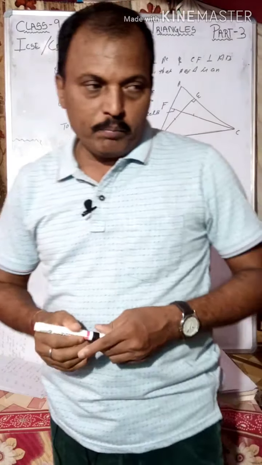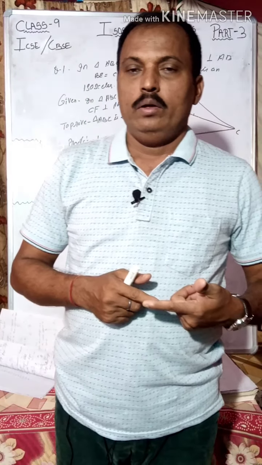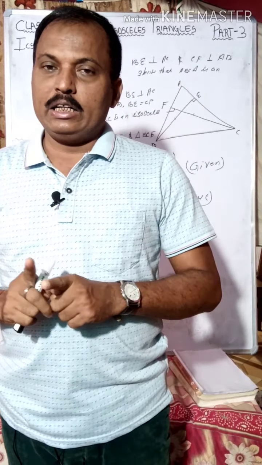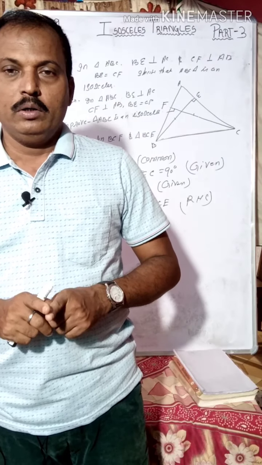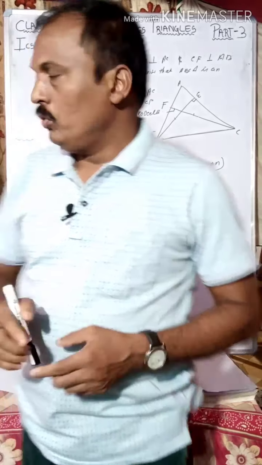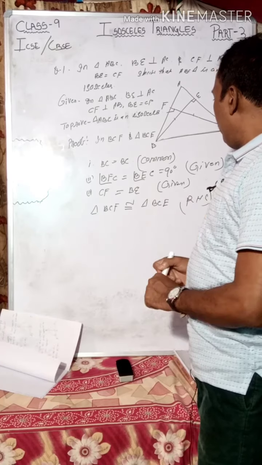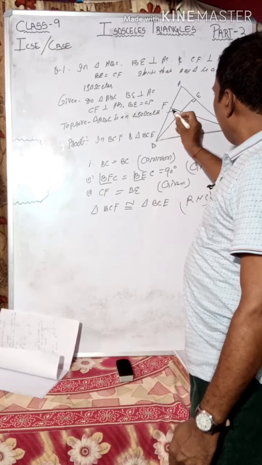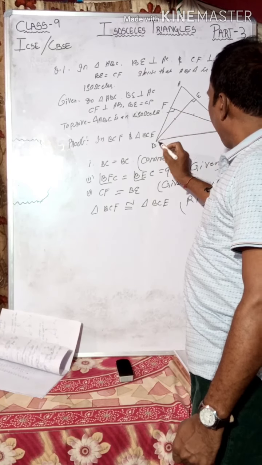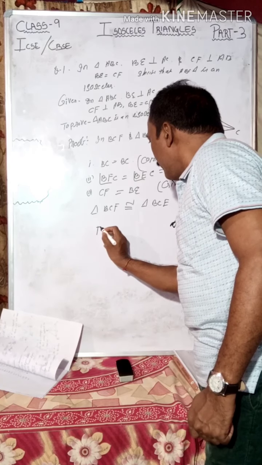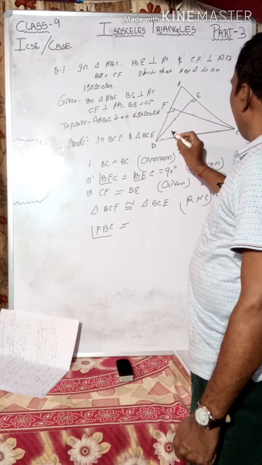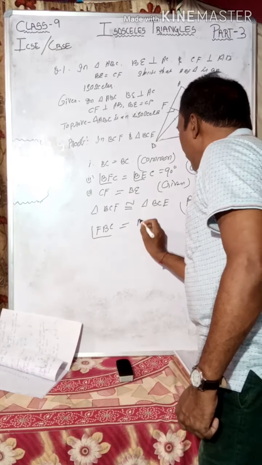I always tell you that the congruence chapter is very important, along with parallel lines and transversal, then median and altitude. Now the two triangles are congruent to each other. Then angle FBC is equal to angle BCE.